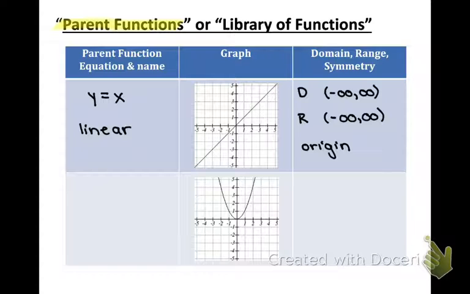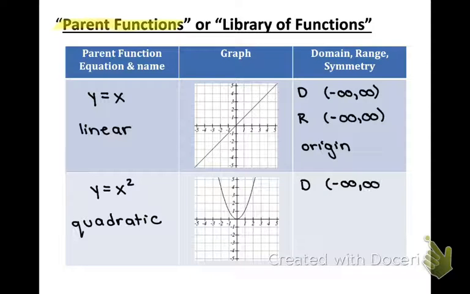The next function is going to be very familiar for a lot of you as well. This is y equals x squared. This is the quadratic function. Its graph is known as the parabola. It's that U shape. Okay. This domain, scanning left to right x values, again is negative infinity to infinity.